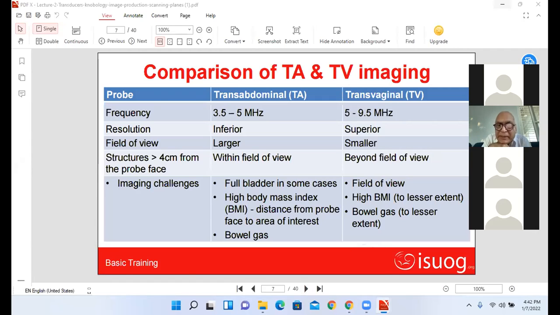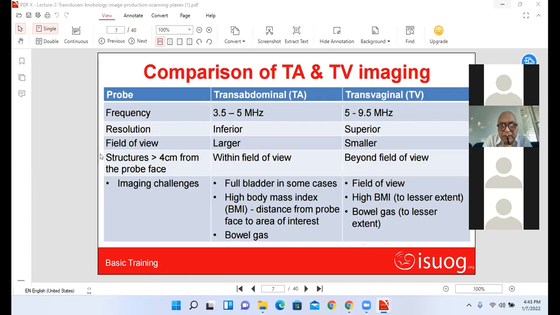We have different kinds of technique. I think that ebook describes very clearly how to go about scanning in obese or high BMI patients. Please read that and it will help you. Then bowel gas, of course, is less interfering in transvaginal because we are very close to the region of interest.